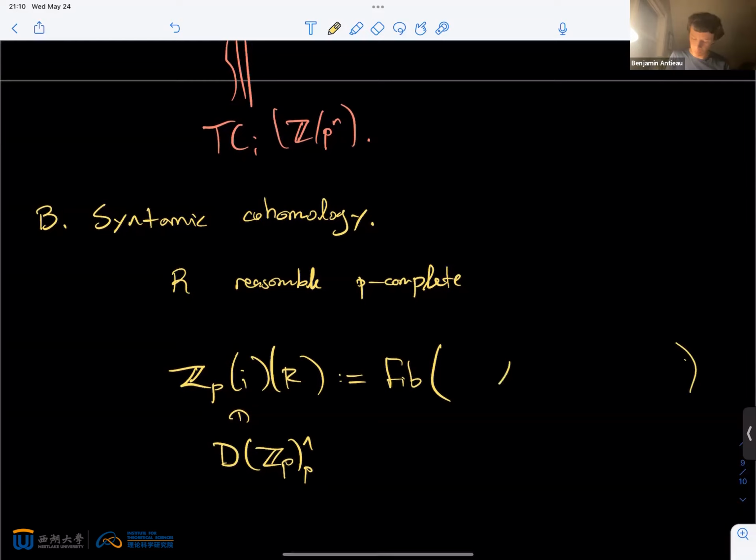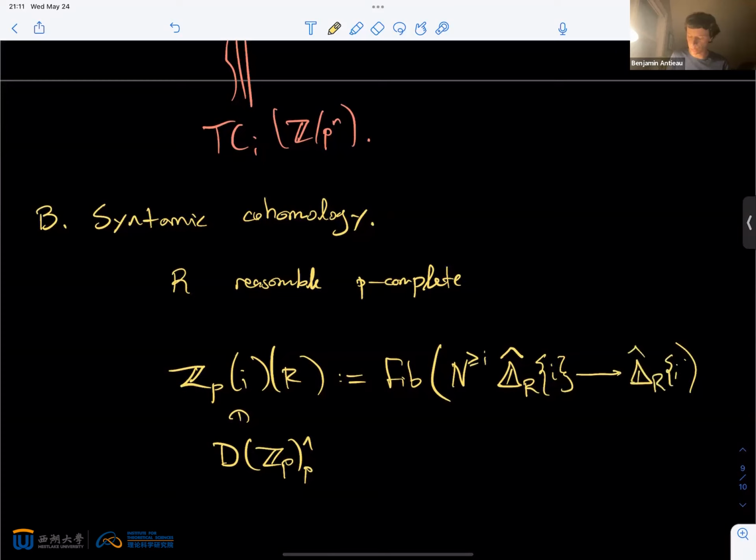So you take the absolute prismatic cohomology of R. You Nygaard complete it. You Breuil-Kisin twist it. And you take part of the Nygaard filtration. And then this has a map to the same thing, but without the Nygaard filtration. Okay.